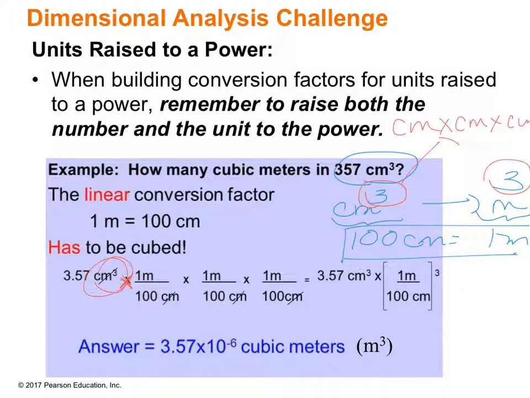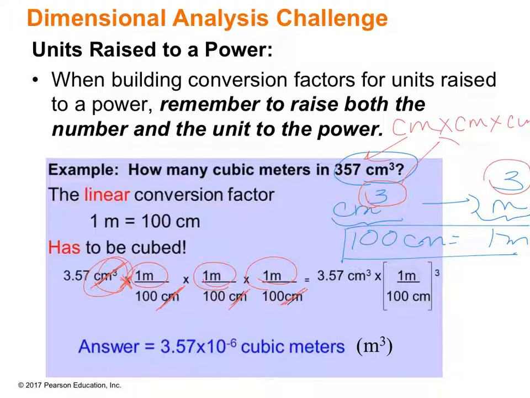So for cubic centimeters, we need to cancel out 3 of them. So we do this conversion 3 times, cancel out all 3 centimeters, and then we end up with meters cubed, which is meters times meters times meters, right?